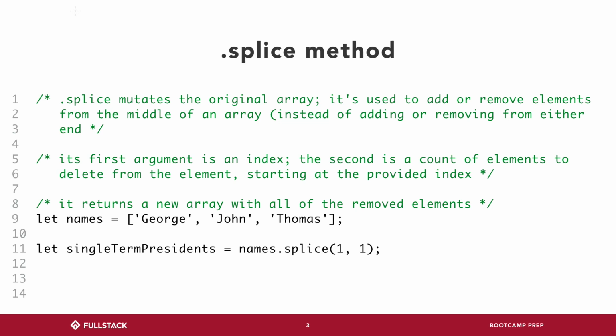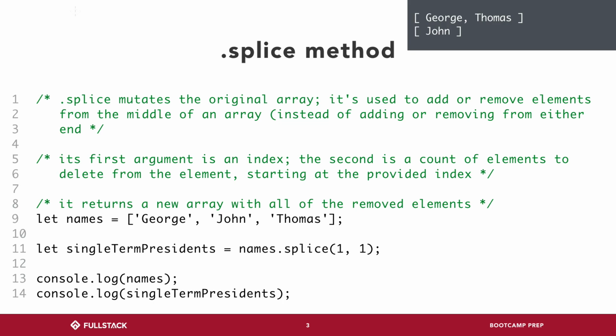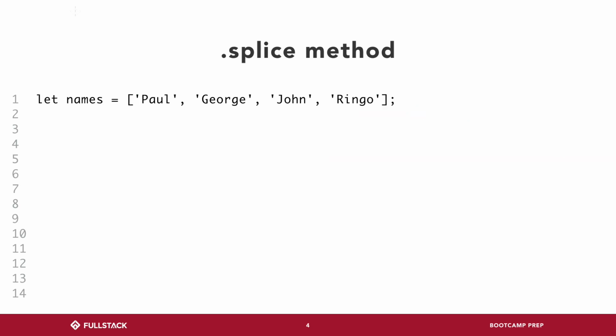Yeah, John, because it's at the first index and you'll remove one element, and that will return to you an array with John. If you console log names, you'll have the original array that has been mutated, and then you'll have the returned array with John in it. All right, you did 2 there. John and Thomas would have been.